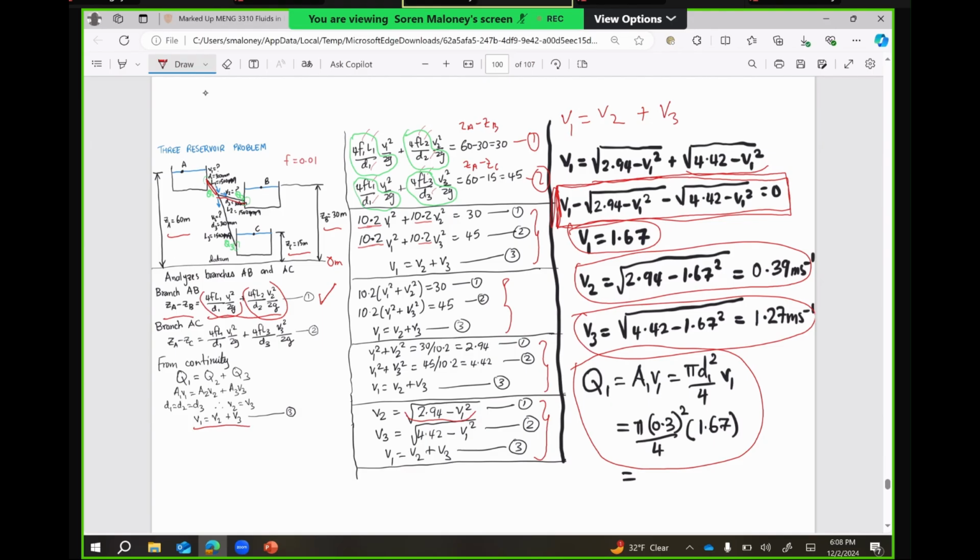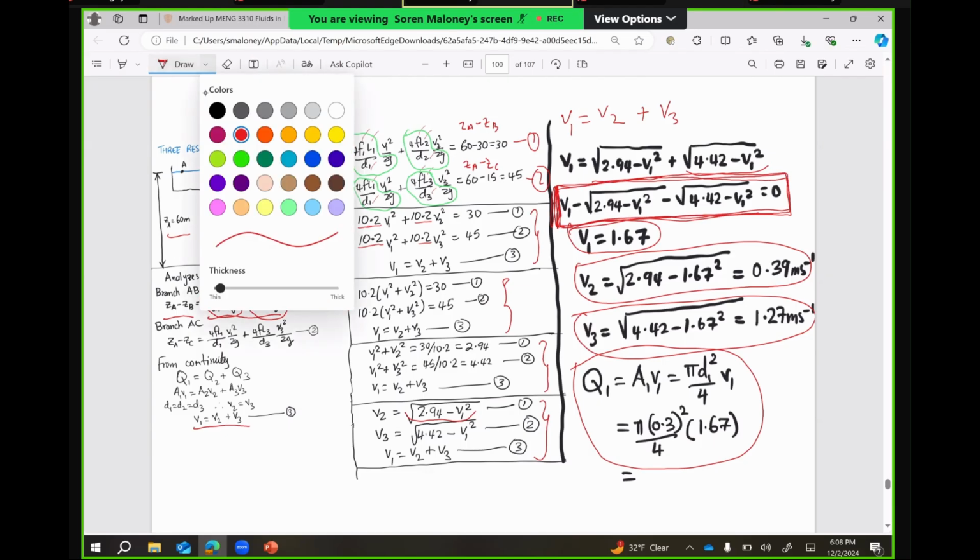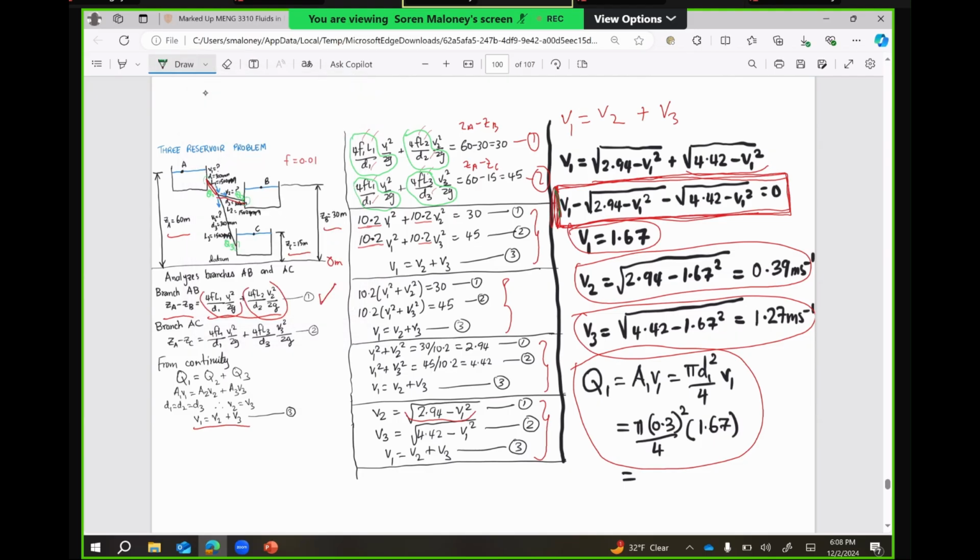But if I do give you a problem like this, I can ask you to give me an expression for your velocity V1. Or I can say, write all your velocities in terms of V1. Because this is basically an equation for V1.